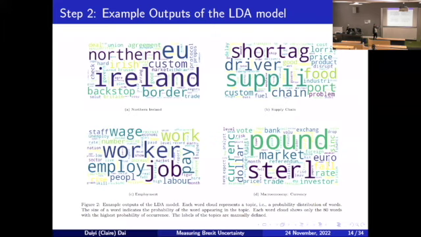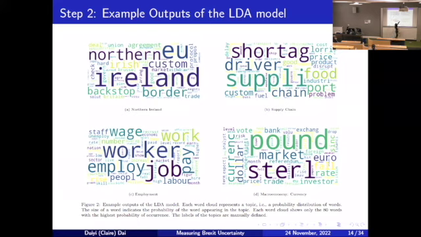So here are 4 example topics. Each word cloud corresponds to 1 topic. Based on the word cloud, we need to manually label it. For each word cloud, it presents the 80 most important words for each topic. So we label the first one as Northern Ireland.